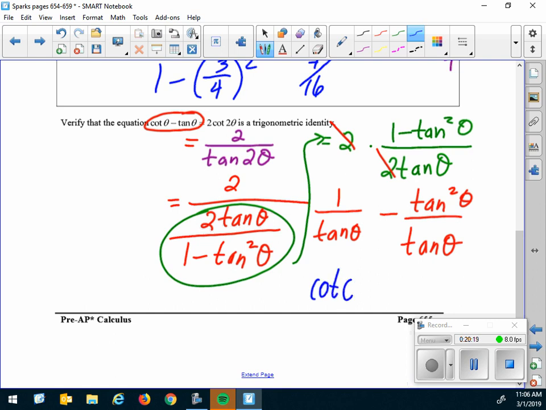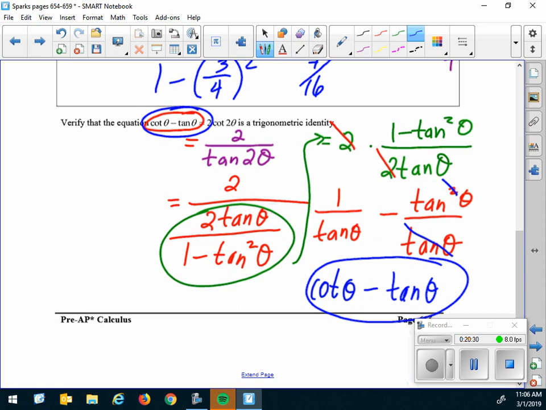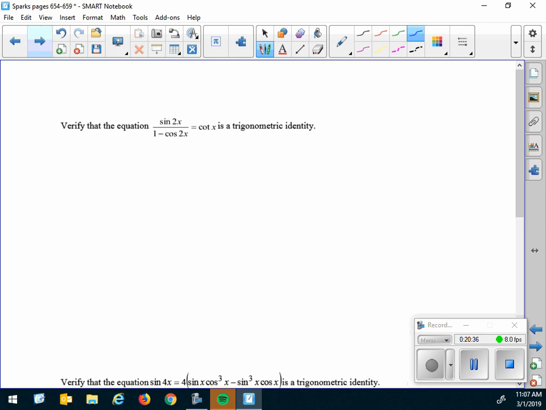Cotangent theta minus... that is where I was trying to go. I think we just have 2 problems left to do.